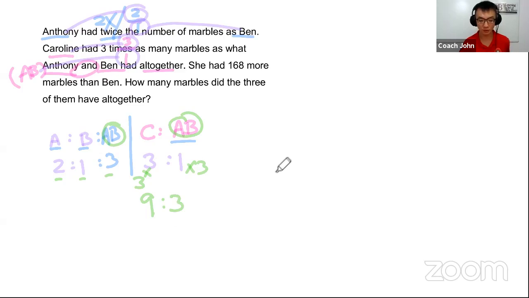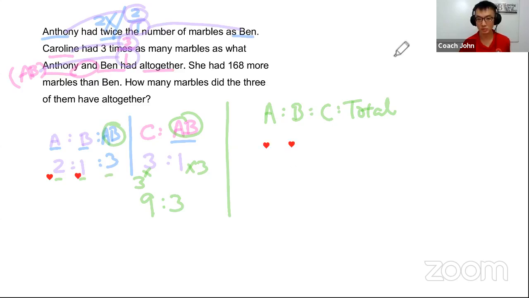If you want to really write down the final ratio, A, B, C, then maybe you want to write down total. So we have 2, 1 as well.